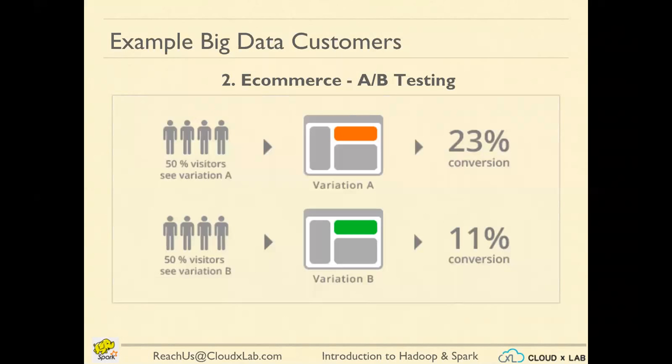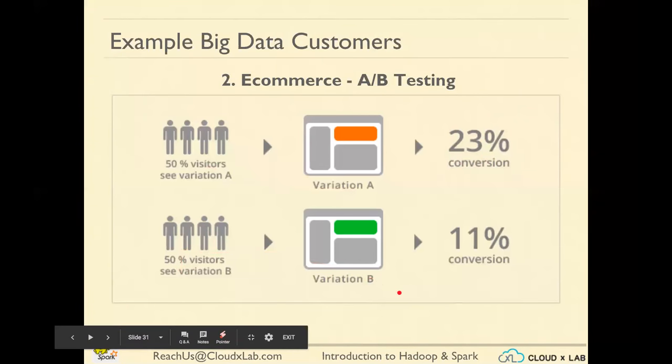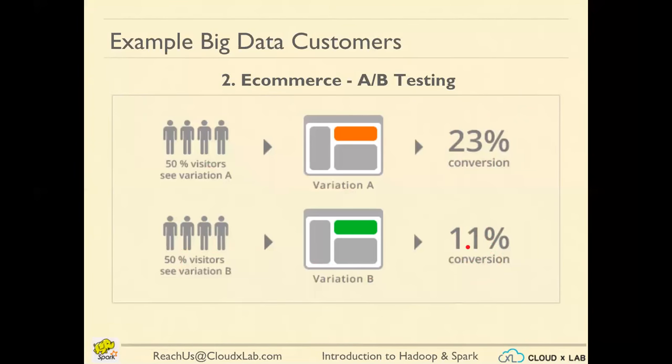That's right. So basically, conversion here means that color A is giving us 23% conversion, meaning converting a lead into a sale. Let's say 50 users came here and 50 users came here. Out of 50 users, 23% bought, while out of 50 users, only 11% bought here.